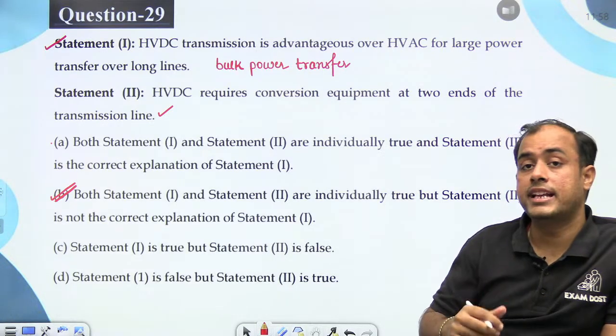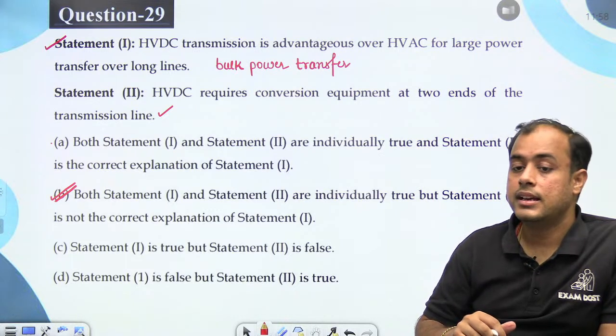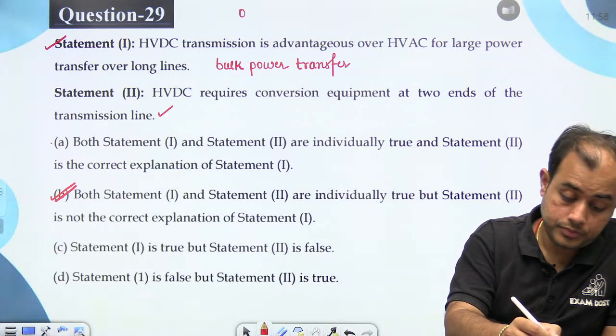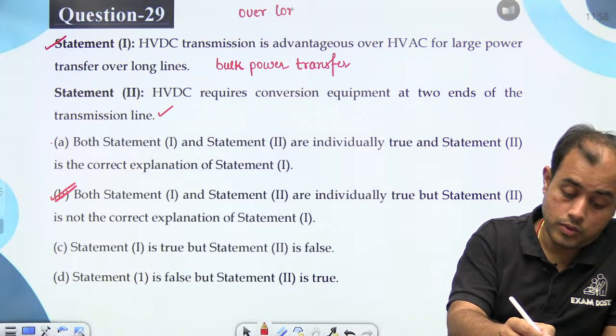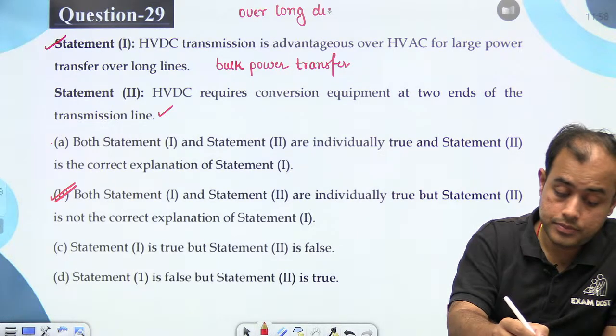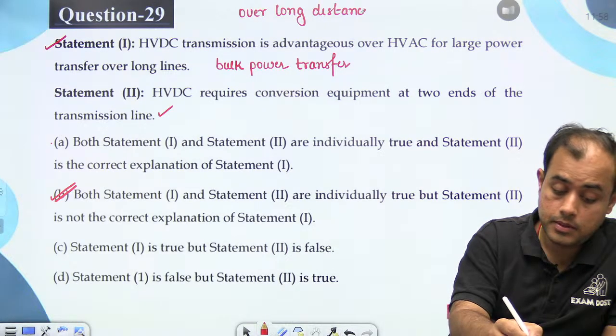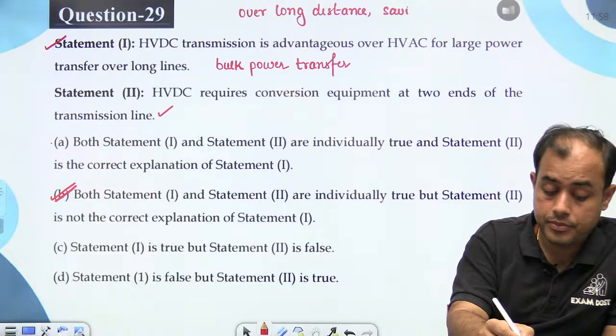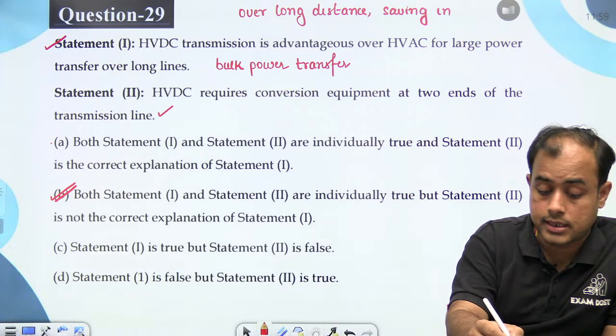क्योंकि लॉन्ग लाइन में एचवीडीसी सस्ता पड़ता है, क्योंकि over long distance, saving in conductor cost.